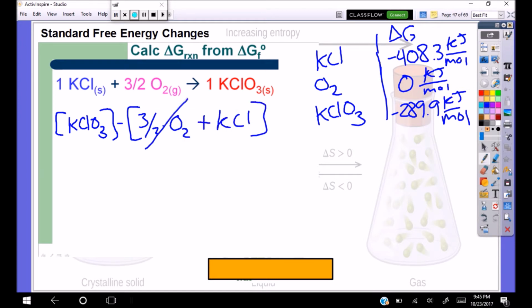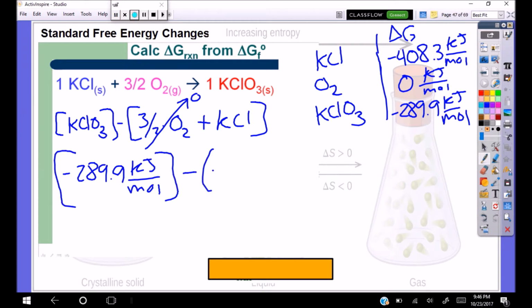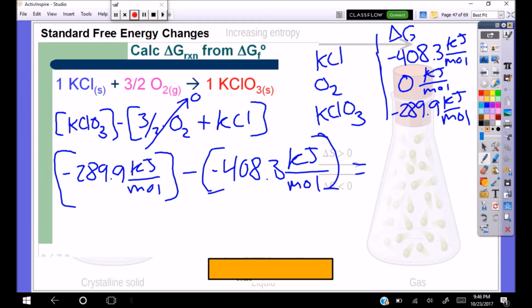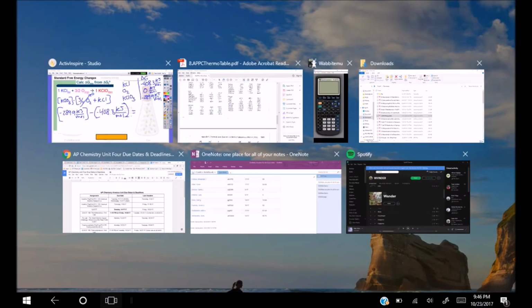Alright, the nice thing is this is a 0. We can take that out. Got negative 289.9 kilojoules per mole. We subtract that from negative 408.3 kilojoules per mole. Careful of that negative sign when you do your math, because if we minus a negative, it's really like adding a positive.